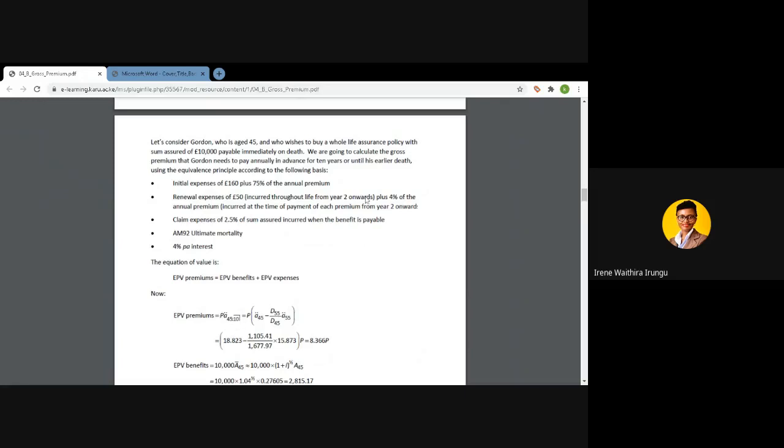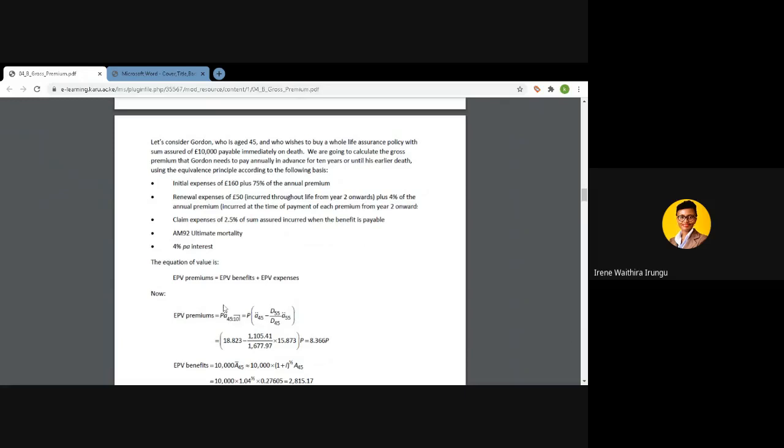If this was a normal whole life contract where the premiums are payable annually in advance until the contract matures, then we'd have ä_45 instead of ä_45:10. It is limited to 10 because in this particular case, the annual premiums payable in advance will only last for 10 years.